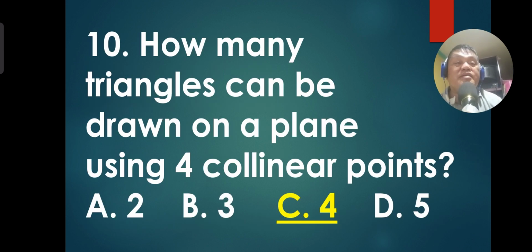So we have number 10. How many triangles can be drawn on a plane using 4 collinear points? In this case, the answer is equal to 4, after substituting the values of n and r into the formula.